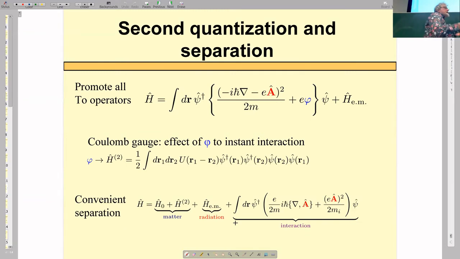So now we know how to put electromagnetic fields into the Schrödinger equation. So let us second quantize this field. It shouldn't be so difficult. We can quantize any linear field. So let's take the Hamiltonian and promote it all to operators.